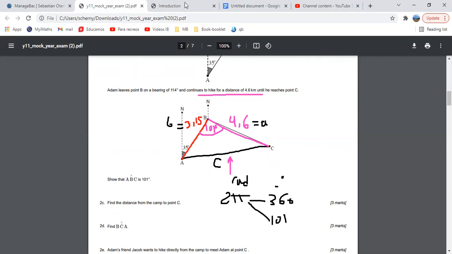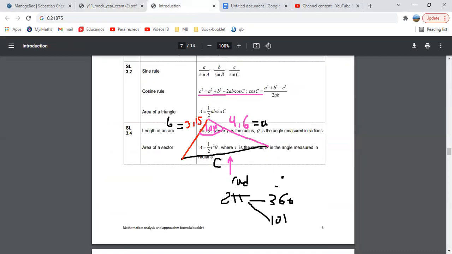So we know that the angle is 101, we just do this, and this will be the value of c squared according to this formula. So we just have to do the square root of this. No, sorry, the square root of the answer, and this will be 6.05.